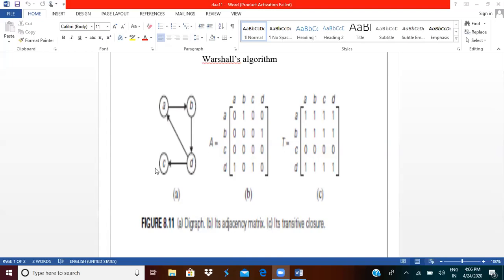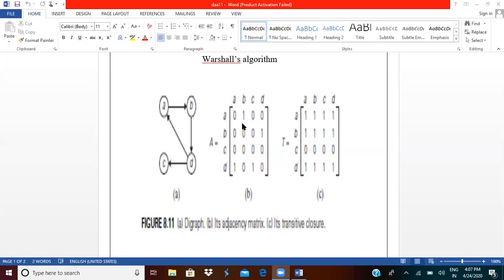Now, if we are writing an adjacency matrix for this graph, how do we write it? A, B, C, D. There are 4 rows and 4 columns. Depending upon the number of vertices that are present, we write that many rows and that many columns. Since there are 4 vertices here, I am going to write 4 rows and 4 columns.